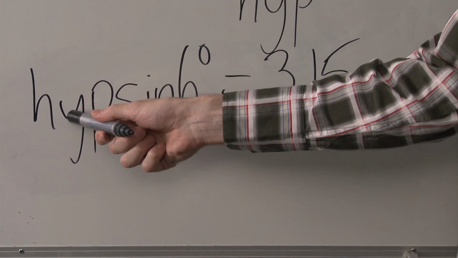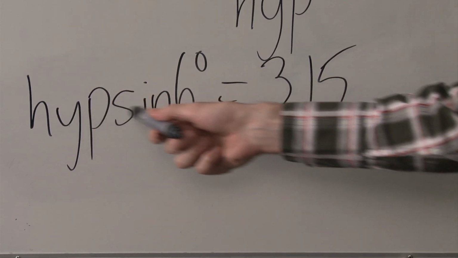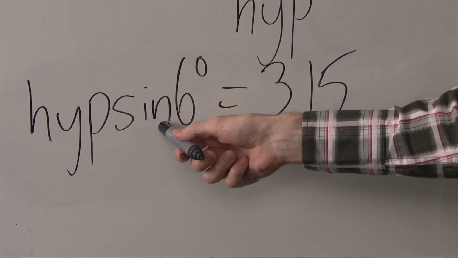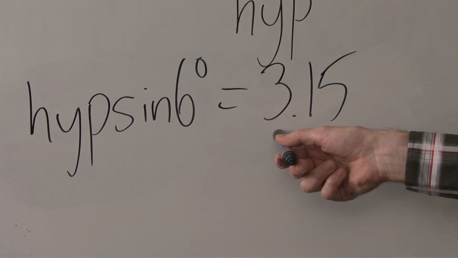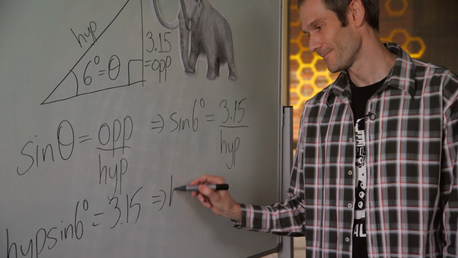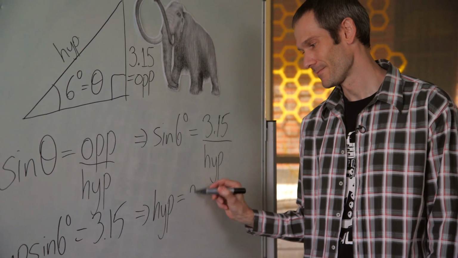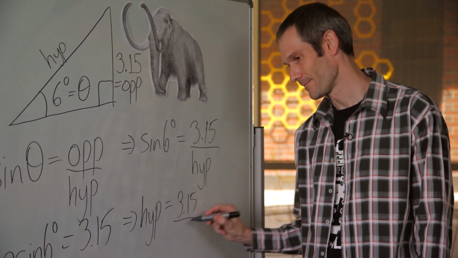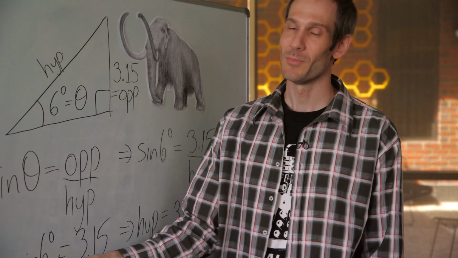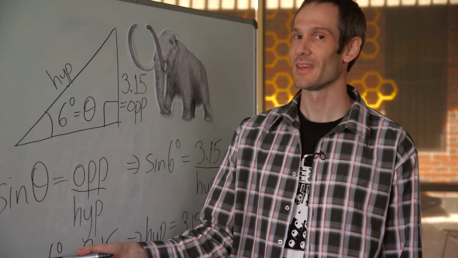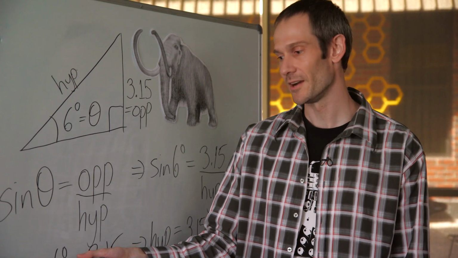Solving for the hypotenuse, again needing to make it the subject of the equation, I must get rid of this sine of 6 degrees. Doing so, I'll divide both sides by the sine of 6 degrees. Dividing this left-hand side by the sine of 6 degrees will cancel out with this sine of 6 degrees on the numerator.